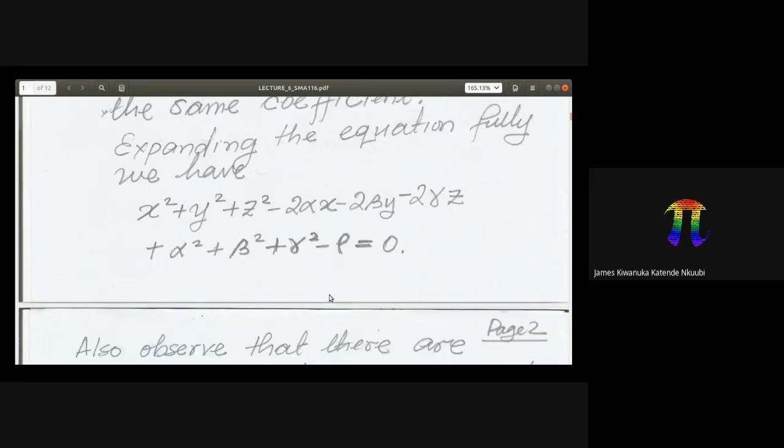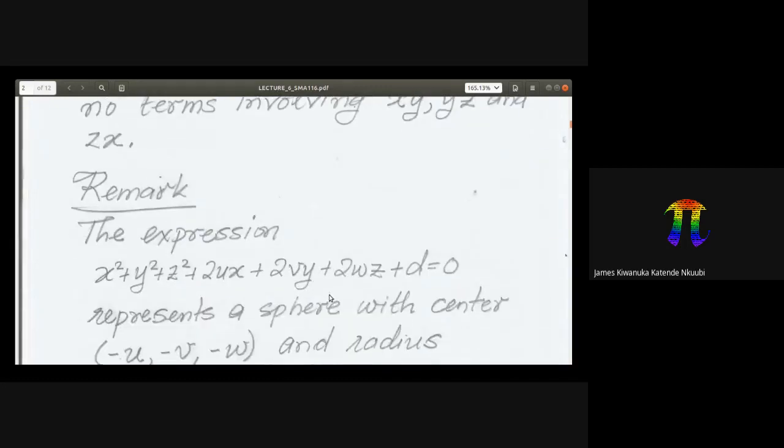So you can simply rewrite this equation as x squared plus y squared plus z squared plus these expressions in terms of x, y, and z, and then the last term is just a constant. You can put them all together, and then the equation of a sphere can be represented like this. And then the center will be minus u, minus v, minus w.